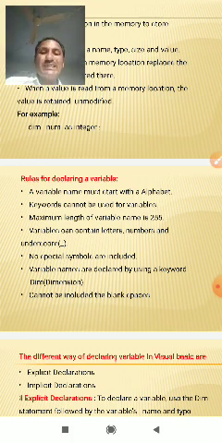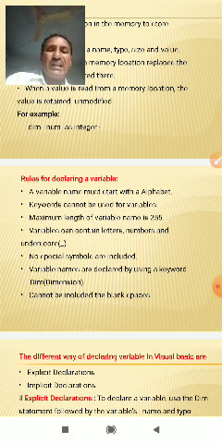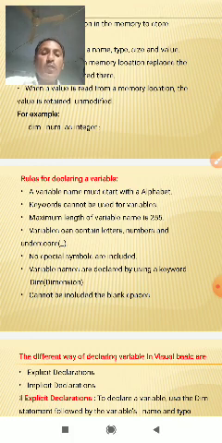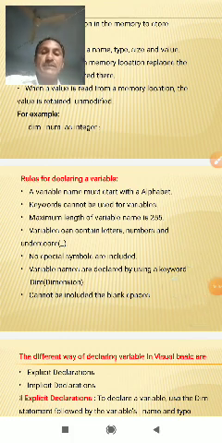No special symbols are allowed in Visual Basic variable names. Variable names are declared by using the Dim keyword, which means dimension. A name cannot include a blank space.